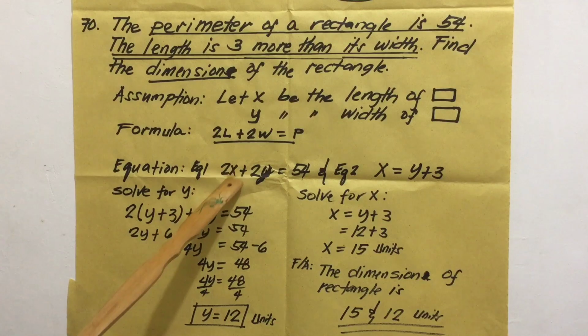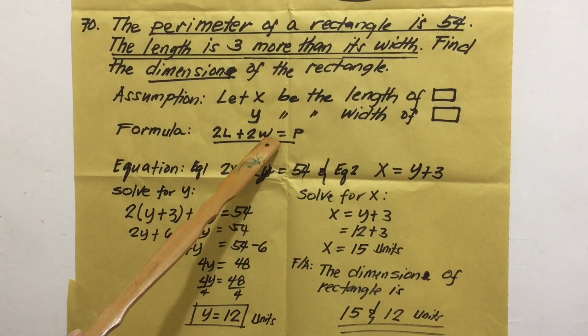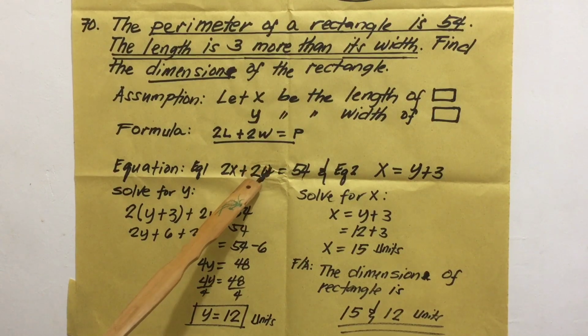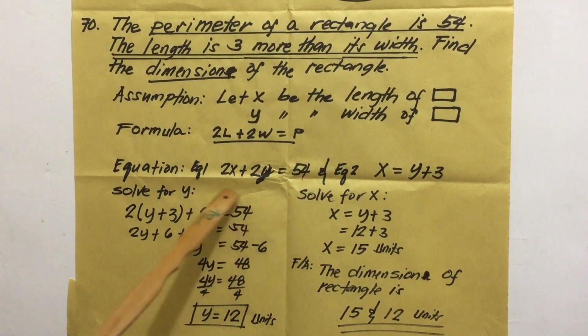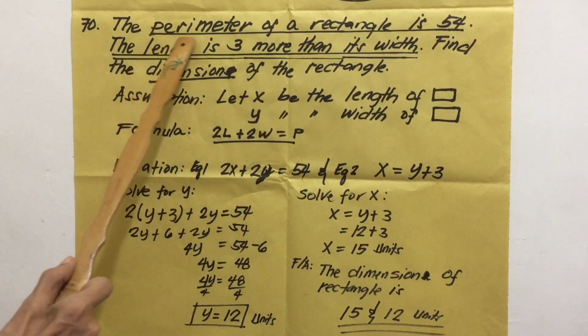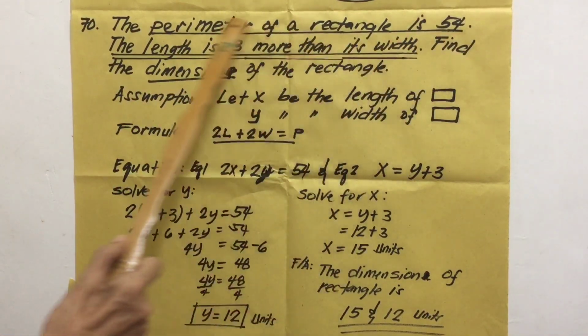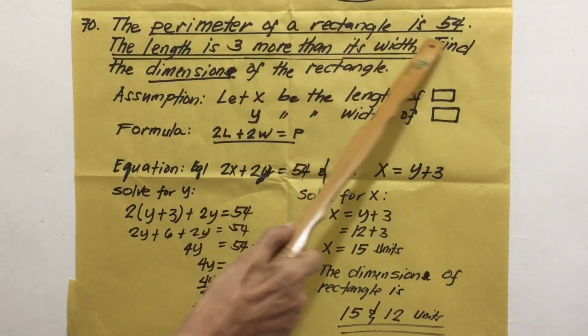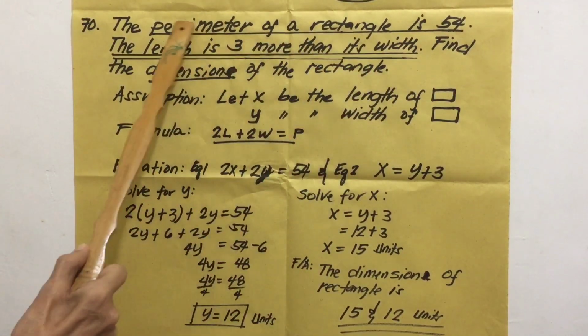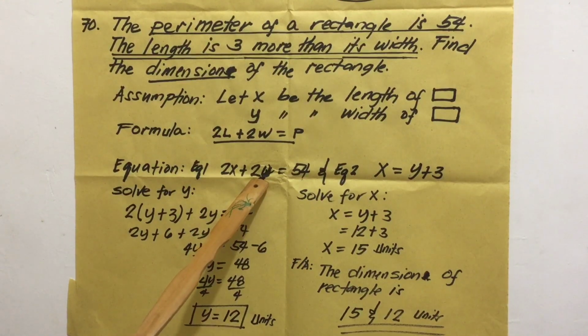That's why we have here 2x plus 2y for the width equals 54. This is our first equation. This came from this line here, the perimeter of a rectangle is 54. The first line here, underlined, is the first equation.